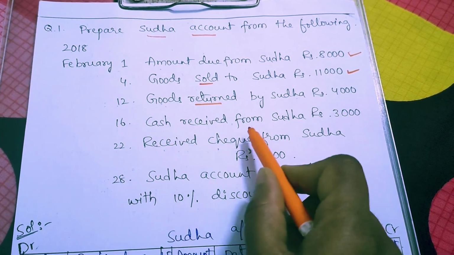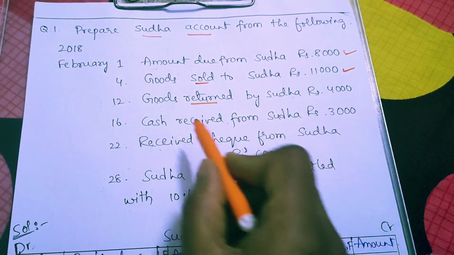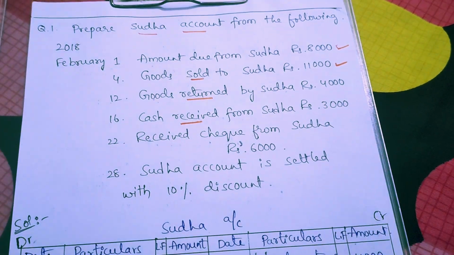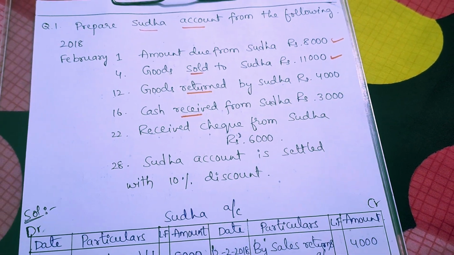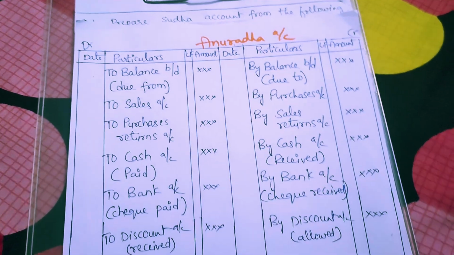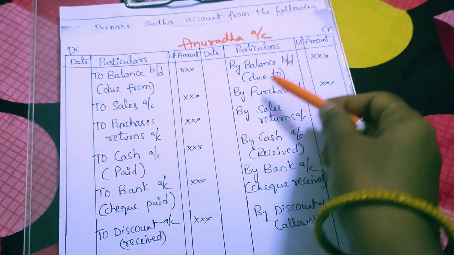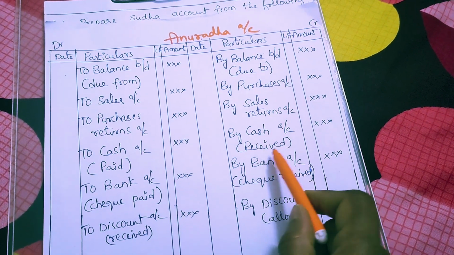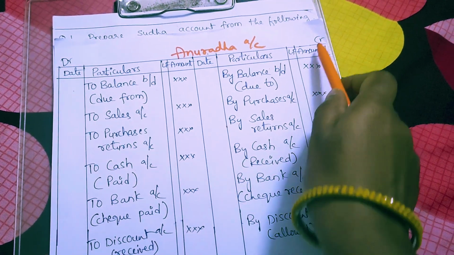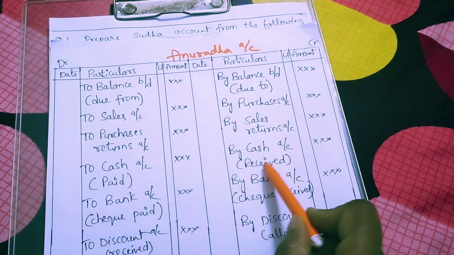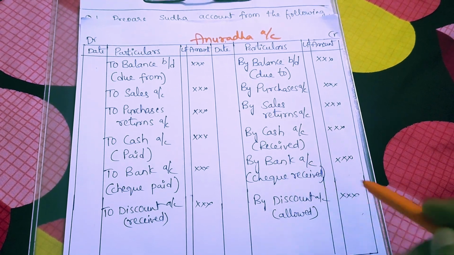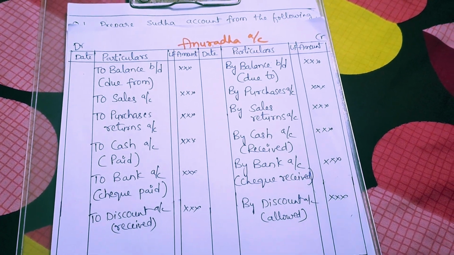16th date, cash received from Sudha, 3,000. Received. So, receipts, where do we write? See the format. Cash received, which side do we record? Credit side. Cash received is always on the credit side. So in our problem also, we should write on the credit side.